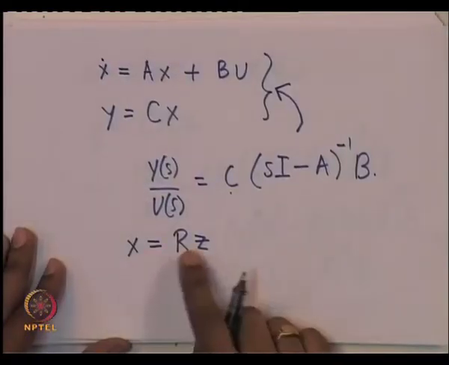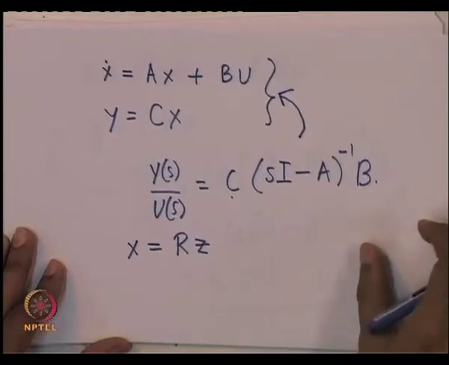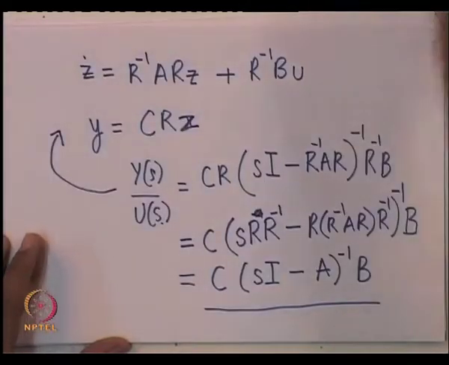But the point we should remember is that the original variables and the new variables are related by this relationship here. Okay. So, let me get back to our original issue.